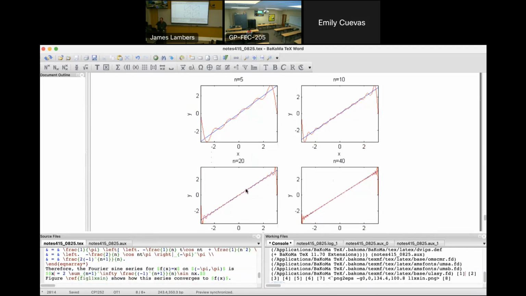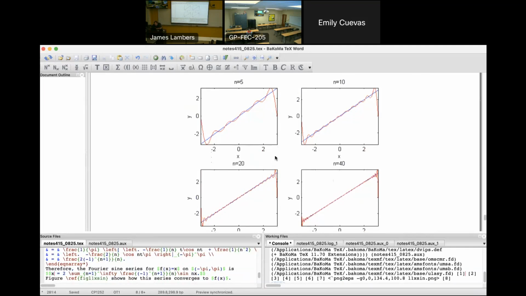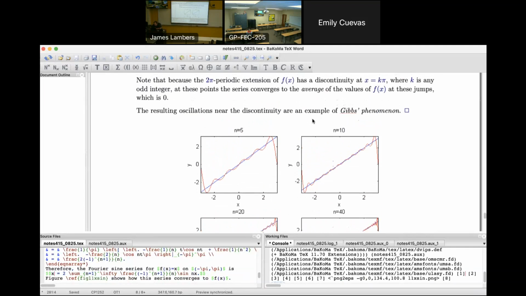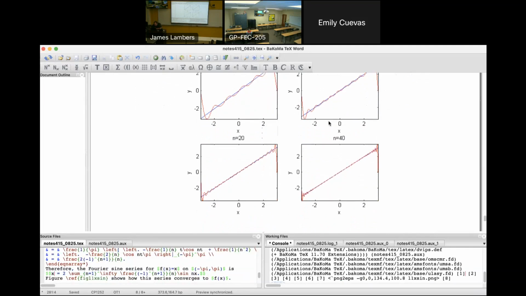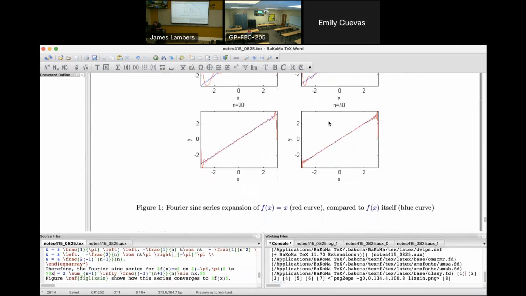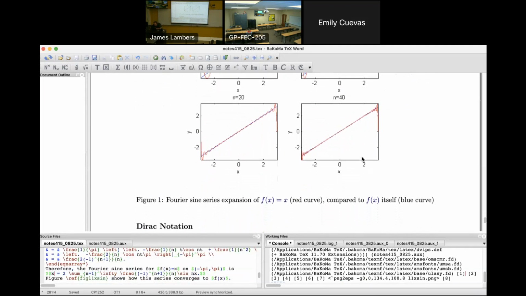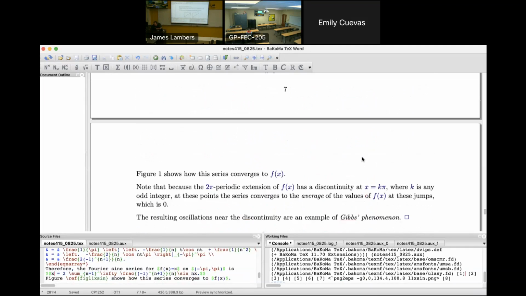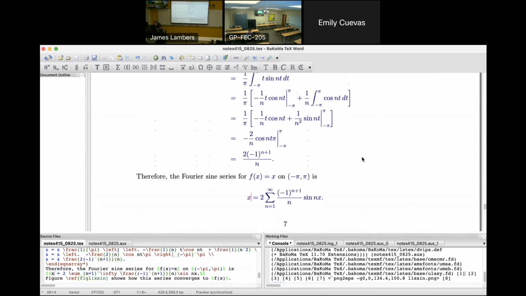Works great in the interior, but at the boundaries, not so much. So that's something that's unfortunate. Questions about what happened with this example?